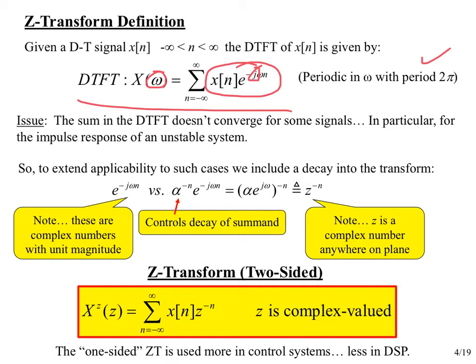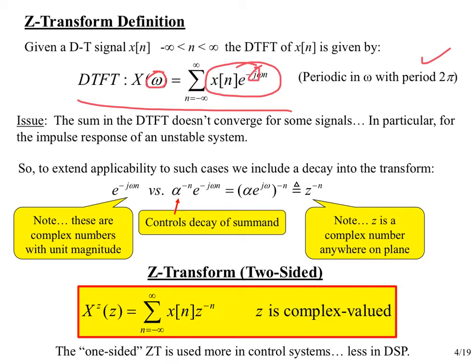And so the Z-transform is introduced to allow us to handle those. And by doing that, as we'll mention later, we also get the ability to handle unstable systems. If you remember, we talked about a stable system having an impulse response that is absolutely summable.